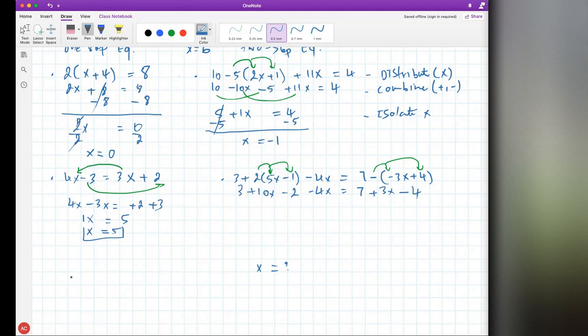So basically what we're doing is simplify each side first.